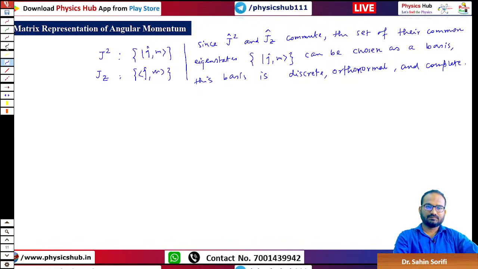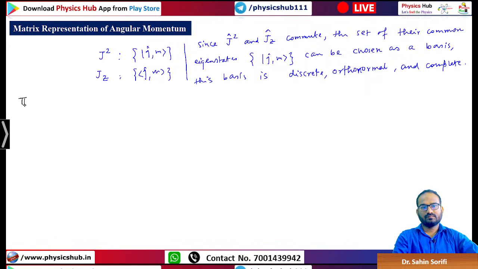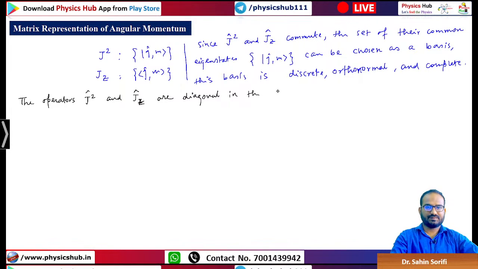The operators J square and Jz are diagonal in the basis given by their joint eigenstates.